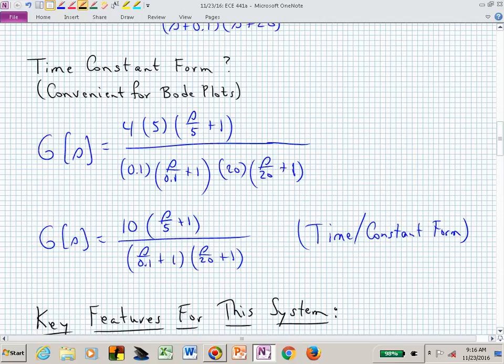In this case, it's not that difficult, because what's our DC gain in this transfer function? In terms of absolute value, it's 10, isn't it? Our DC gain is 10. In dB, it's 20 log of 10, or 20 dB.